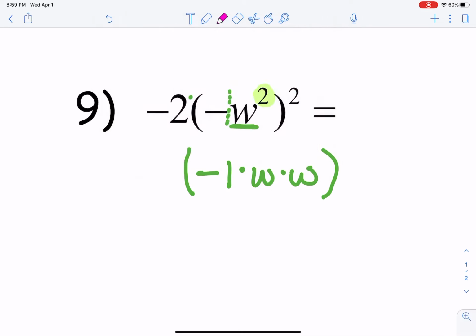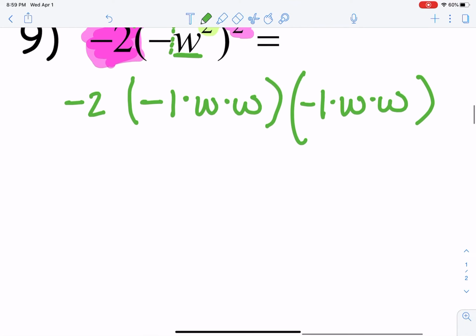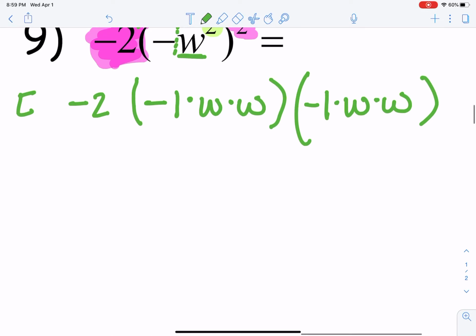Some of you might think that this 2 is also attached to this -2, but that is not the case. This 2 in the parentheses in pink is only attached to the parentheses. So this -2 here stays by itself, and I need another parentheses. So -1 times W times W. Okay, so that's my expand.